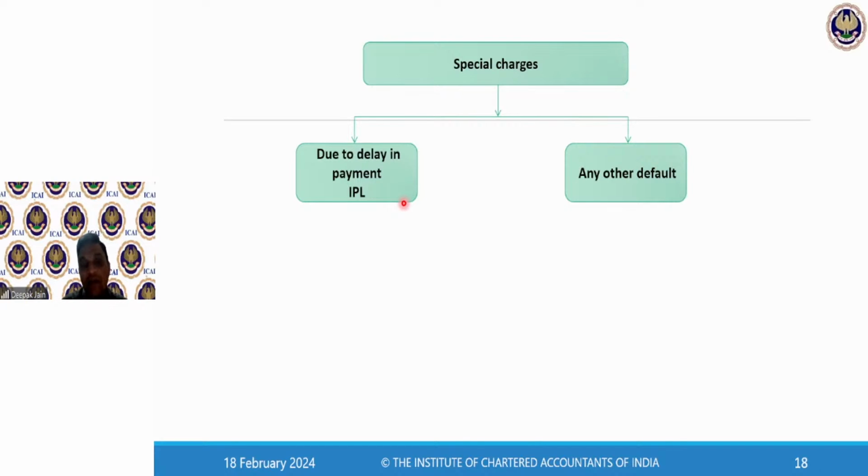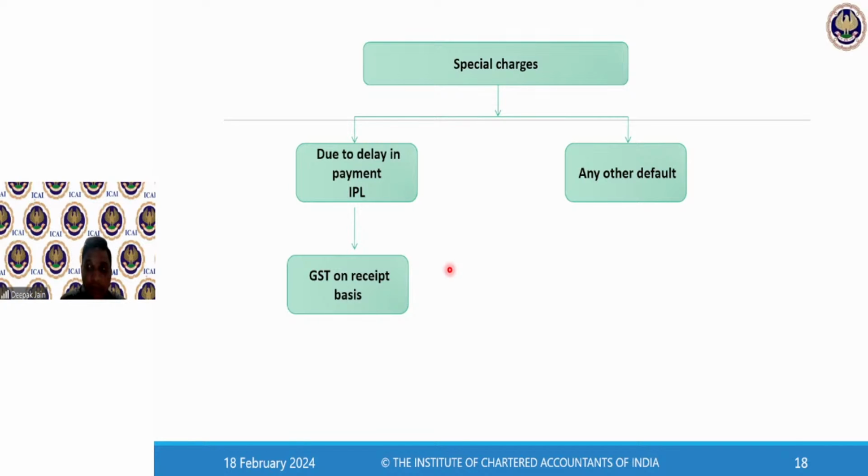IPL is a short form for interest, penalty or late fees. If you have to pay penalty or late fees because of a delay in payment, then the time of supply is on receipt basis. If there is a delay and I collect some charges for that, that will not be separately taxed at a separate rate because this is linked to the main supply.